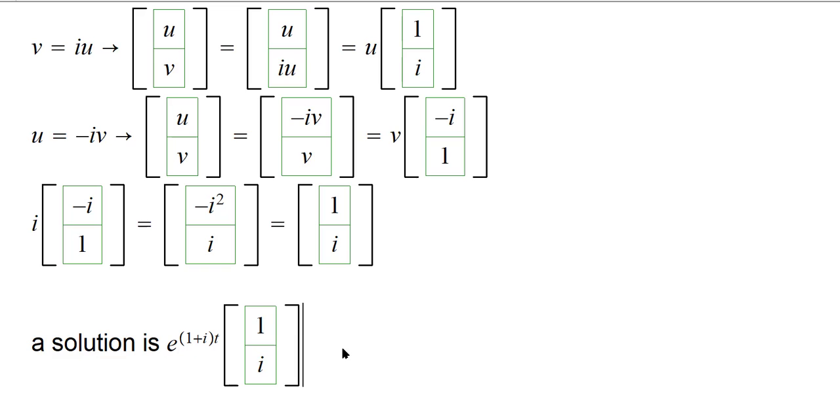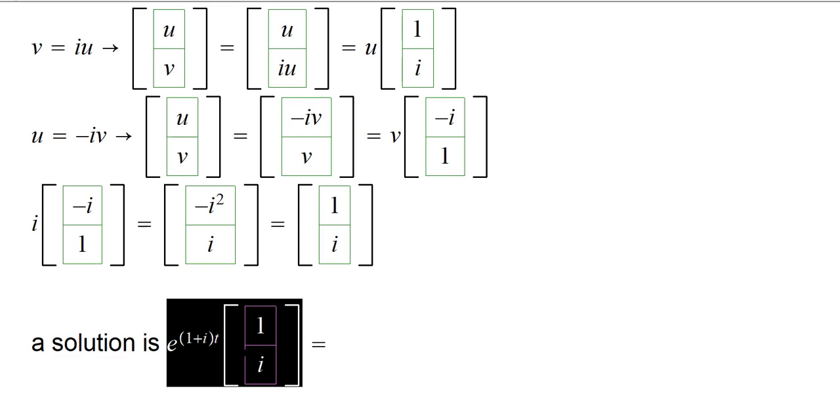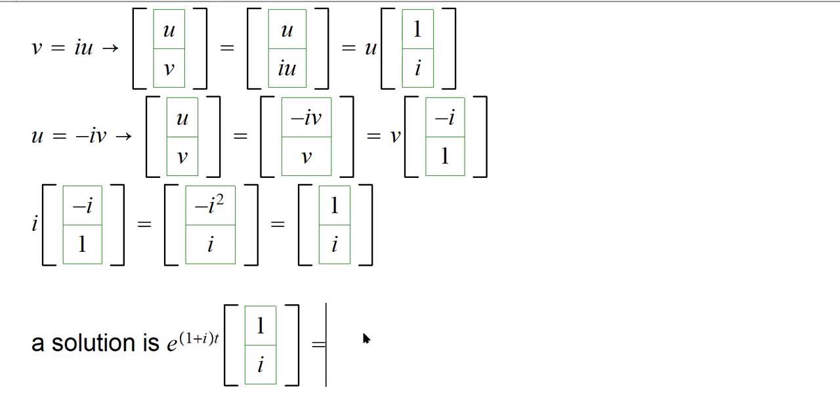So our strategy is that we will expand this and extract the real and imaginary parts, or separate them. If they turn out to be linearly independent, then that will give us two linearly independent solutions.